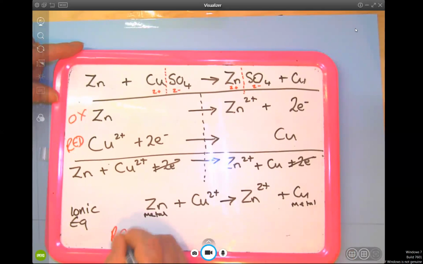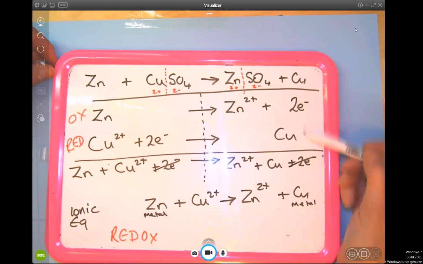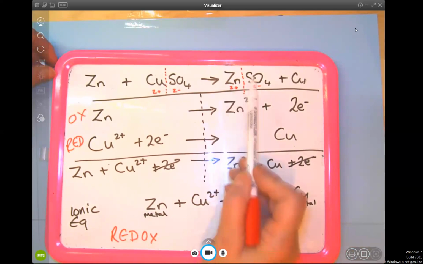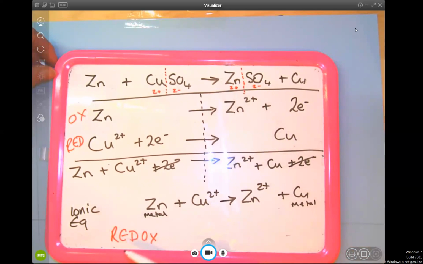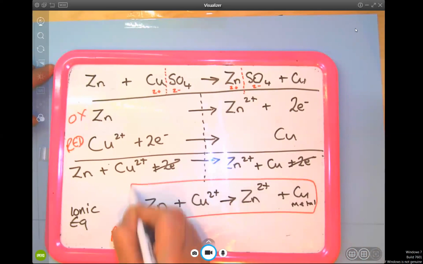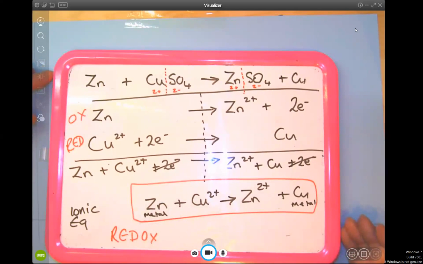A redox reaction is an oxidation and reduction reaction using 2 half equations, which we can get from the full equation by looking at what's changing, and then we can put them together to get an ionic equation that shows just which species changed.